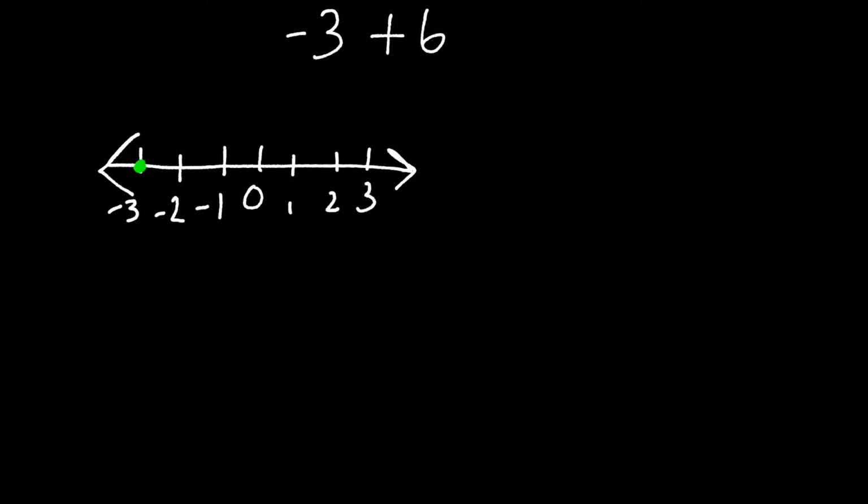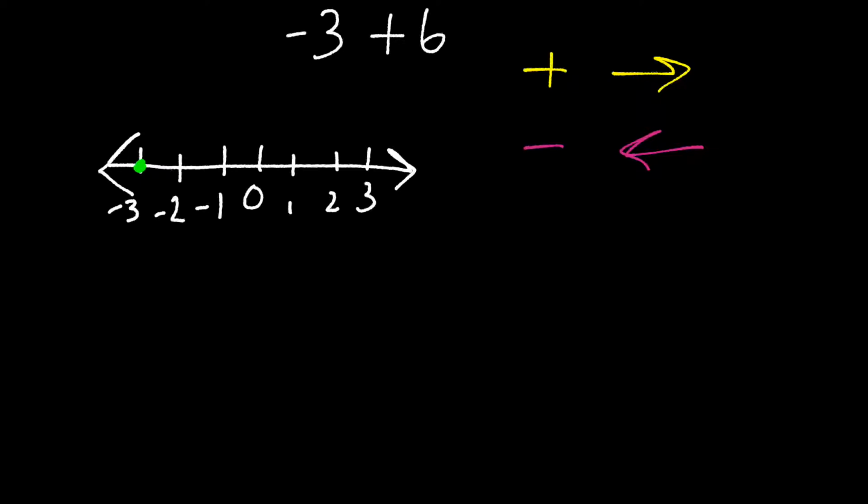If we are adding, that means we are going to move to the right on our number line. Now this could change, but for the time being, we're going to move to the right. And if we are subtracting, we're going to move to the left.